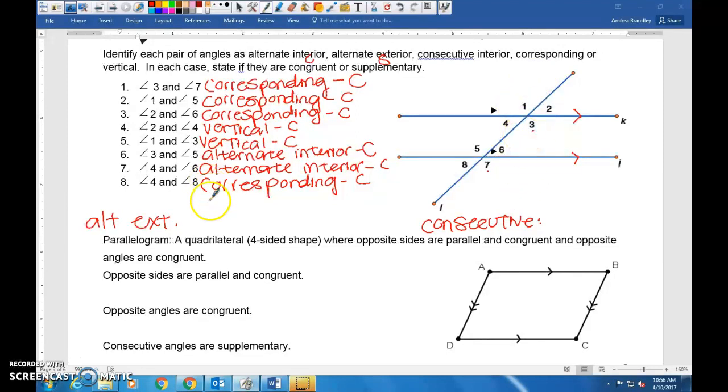So angle 1 and angle 7 would be considered alternate exterior, and angle 2 and angle 8 would be considered alternate exterior. Consecutive, and this is consecutive interior, they've got to be inside these two parallel lines and on the same side, right in a row. So angles 4 and 5, and angles 3 and 6, are examples of consecutive angles.